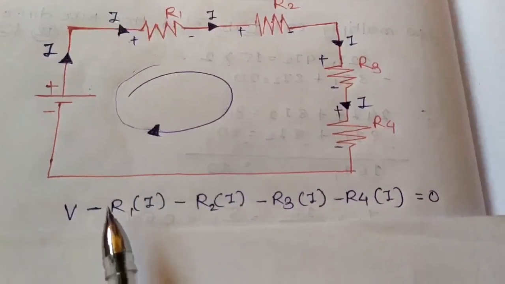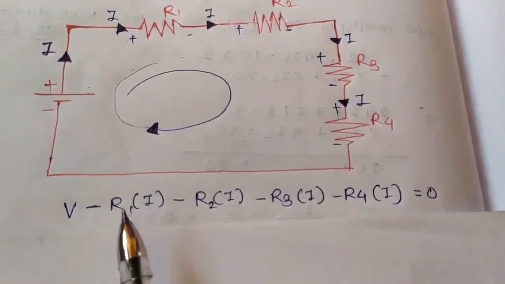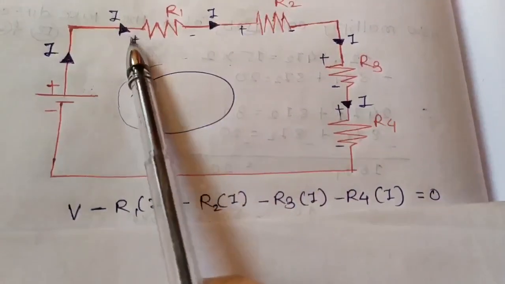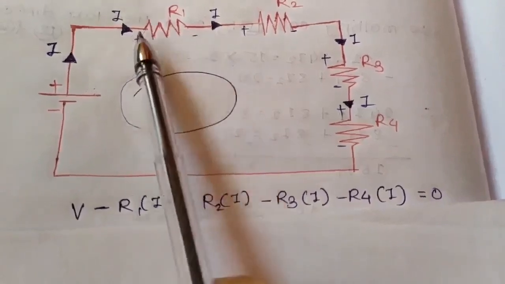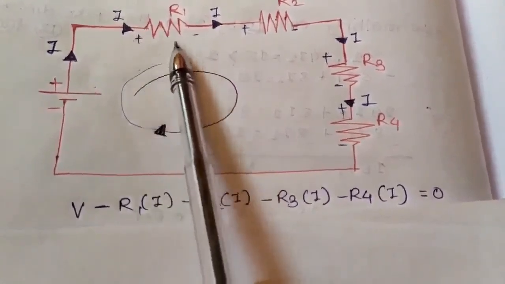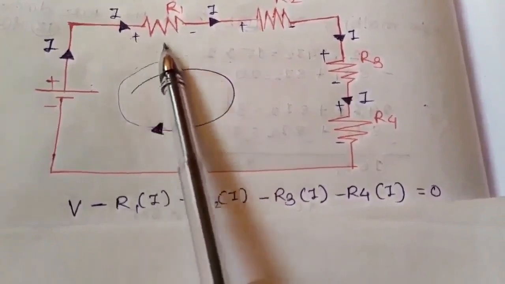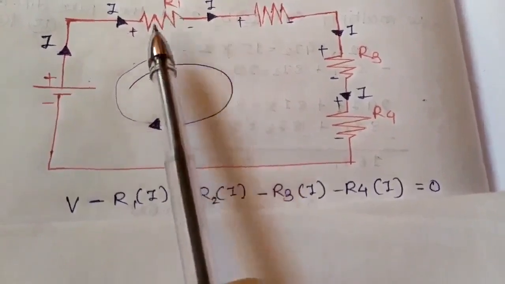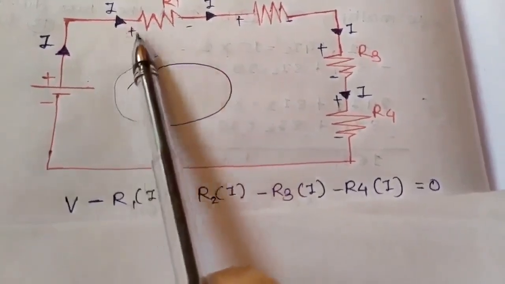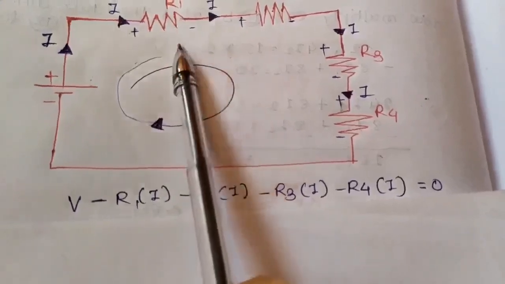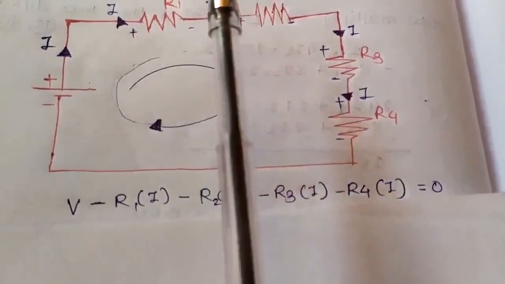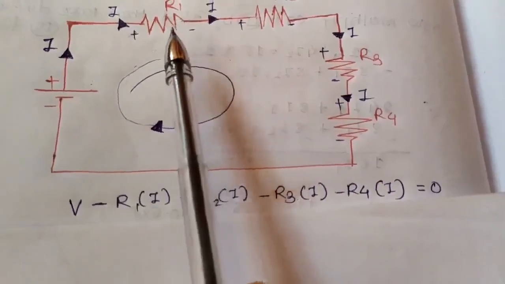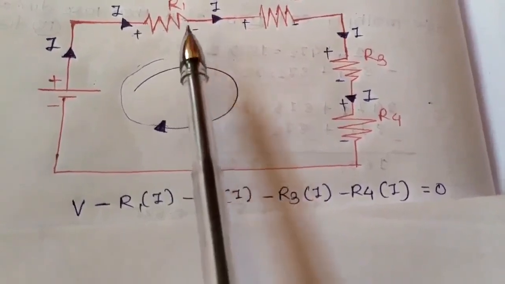We take minus R into I because this is a potential drop, and when current flows from higher potential to lower potential, voltage drop occurs. When loop direction and current direction are the same, take a negative sign. If loop direction is opposite to the current flowing direction, it will be positive.